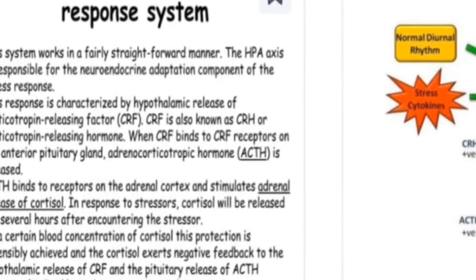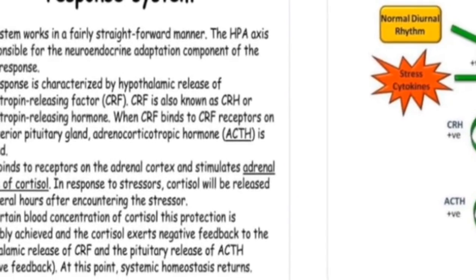Explanation. The HPA axis is responsible for the neuroendocrine adaptation component of the stress response. This response is characterized by hypothalamic release of corticotropin releasing factor, and then the subsequent binding of the CRF to the anterior pituitary gland, which in turn releases ACTH, adrenocorticotropic hormone.